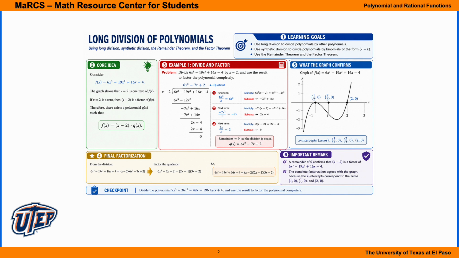So now the final factored form is x minus 2 times 2x minus 1 times 3x minus 2. Now we can set each of those portions equal to 0 and get all three of our x-intercepts. And we see that they occur at x is equal to 1/2, x is equal to 2/3, and at x is equal to 2.